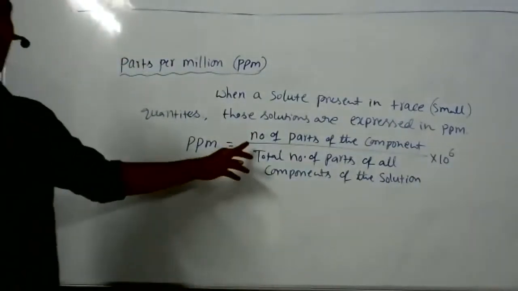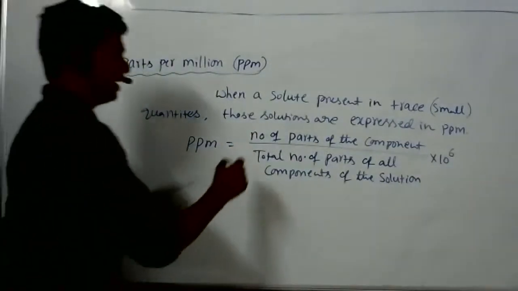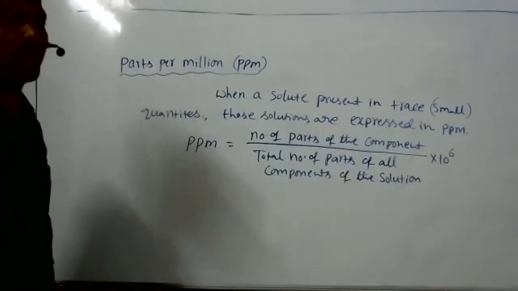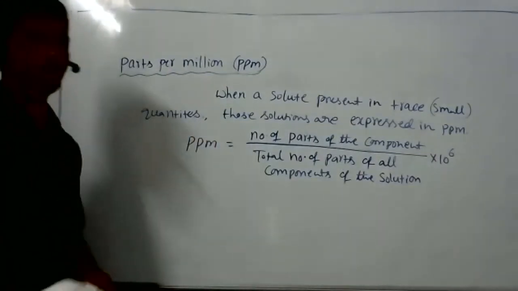So this is the number of parts. I mean, how many chloride ions are present in drinking water divided by the total number of particles present in the drinking water. By that way, we can calculate ppm.